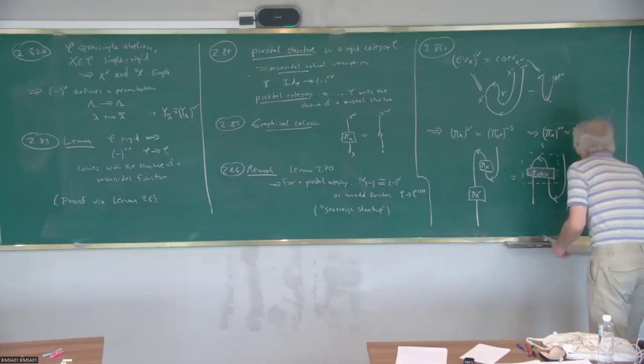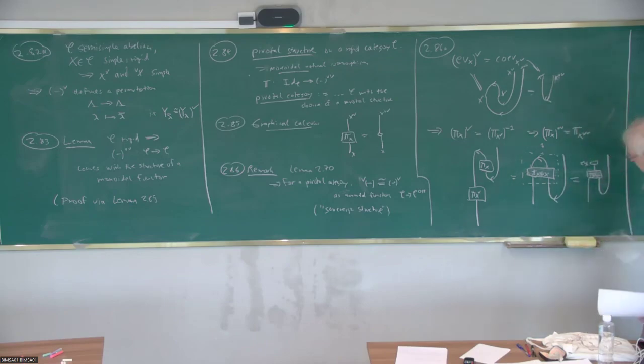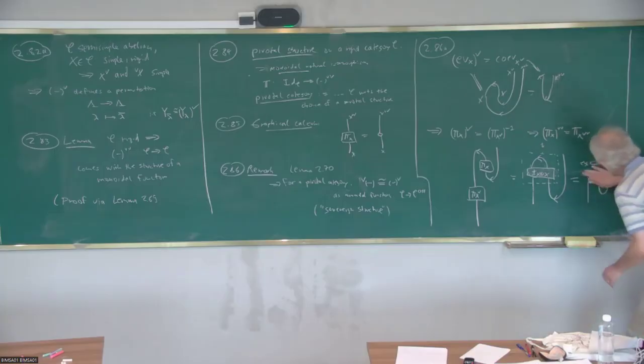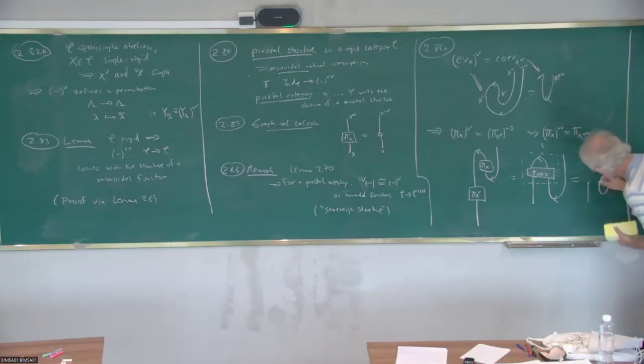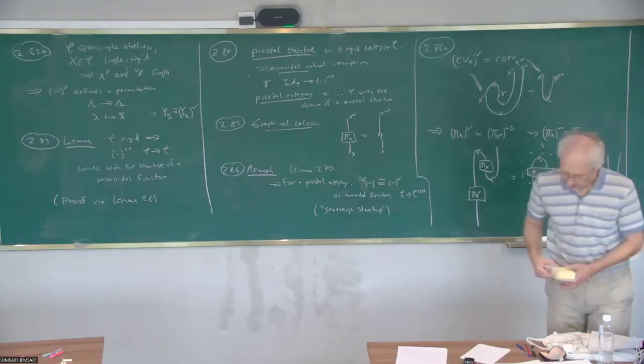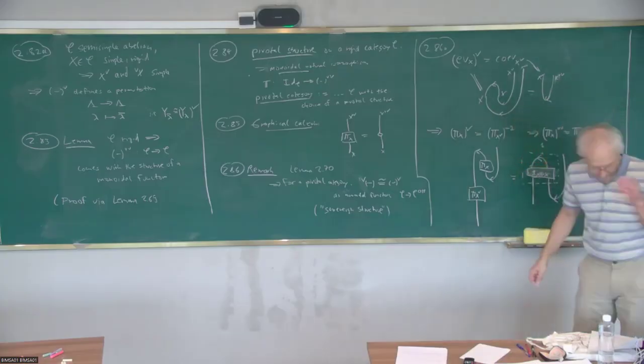X dual tensor x, and here we have the evaluation on x, and then we bring this up, meaning that we have here the evaluation of x, and then here we have pi of 1, but pi of 1 is just the identity, so this we can remove, and then the evaluation that we write out again in this form, and then use the snake identity and the identity morphism.